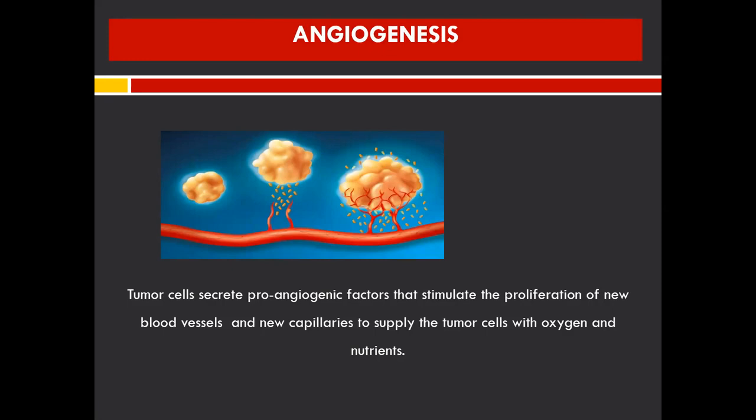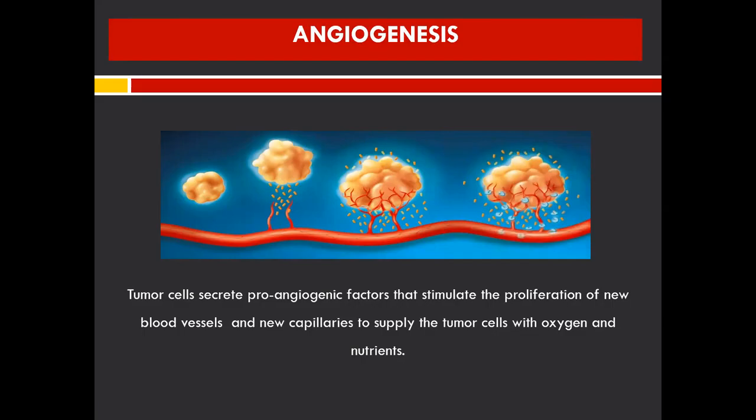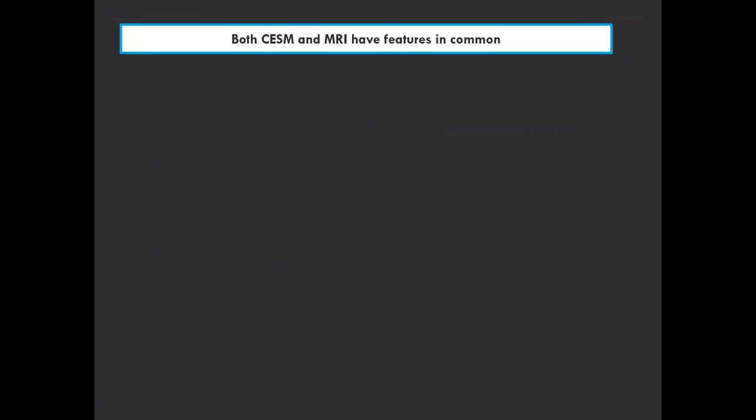But actually, these tumor vessels and capillaries are not well formed. They allow leakage of the contrast media within the surrounding parenchyma and within the tumor itself. That is why we can see malignant lesions evidently enhancing within the breast. This is the main principle that we use in MRI and contrast mammography.